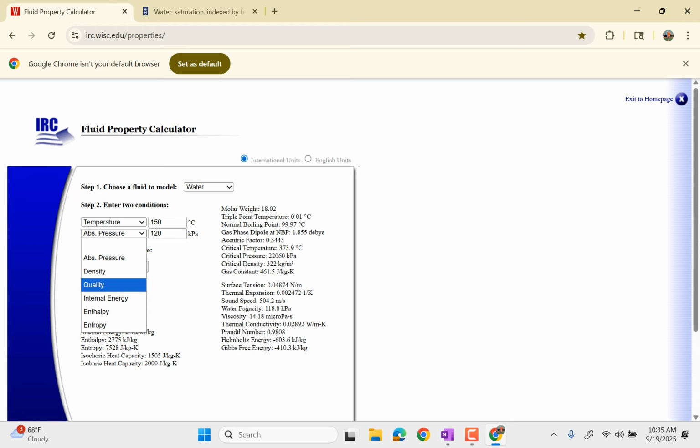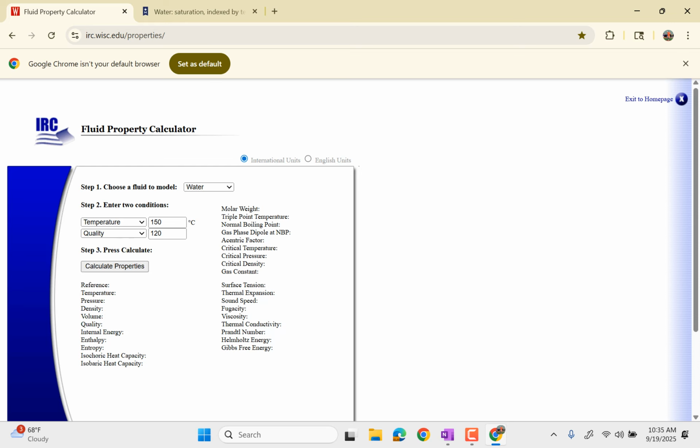Why would they call that quality? For the purposes of engineering, it's a very high quality thing if you have something at its saturation temperature, but it's all vapor, because it's ready for you to take all this energy out of it. So you can sort of make sense of it that way.